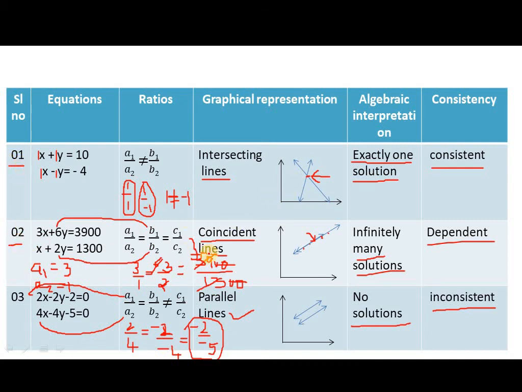For the second type, they lie one on the other and coincide with each other. In the third case, the two lines are parallel to each other. This is how, by knowing the equation, we can interpret the graphical representation of the given equation.